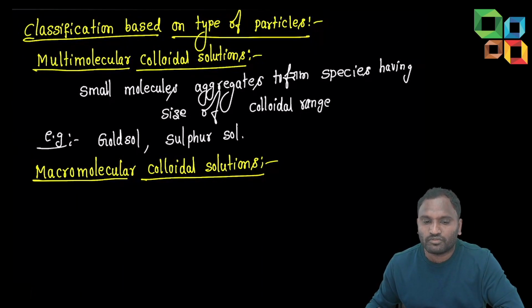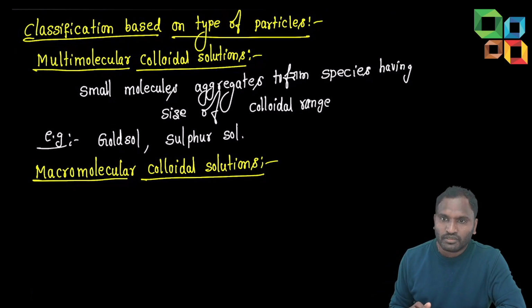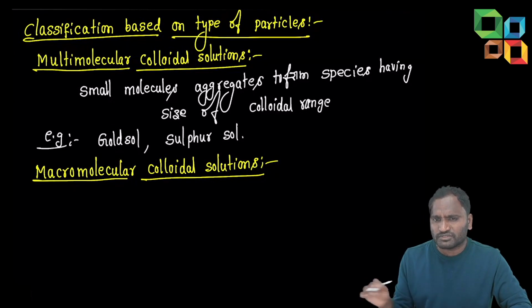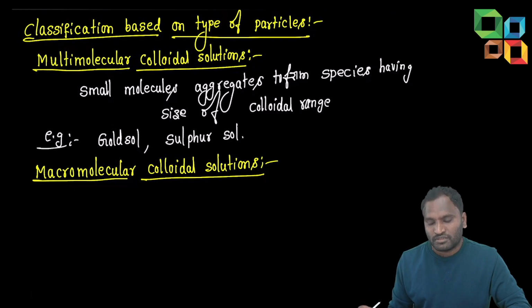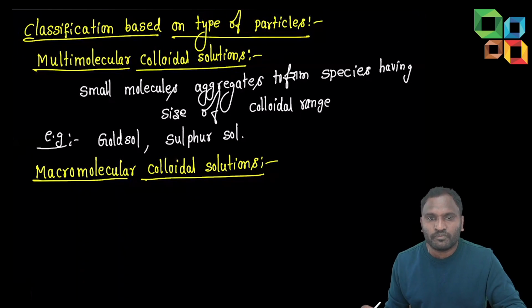Size of the macromolecules may be in the colloidal range. Example, protein sol, starch sol, all polymers, whatever you can write. In second year, polymers is a topic. Even this one is also a second PU topic, students.